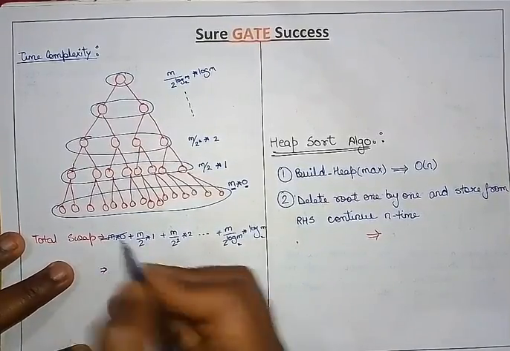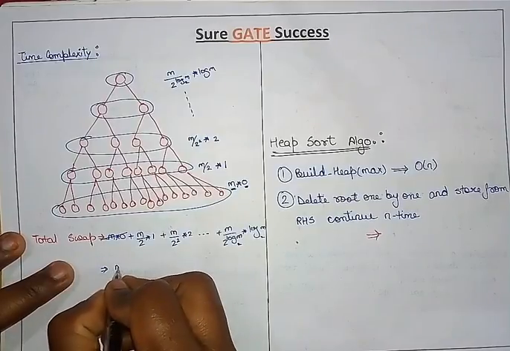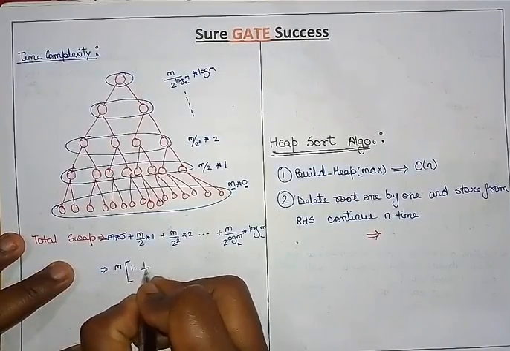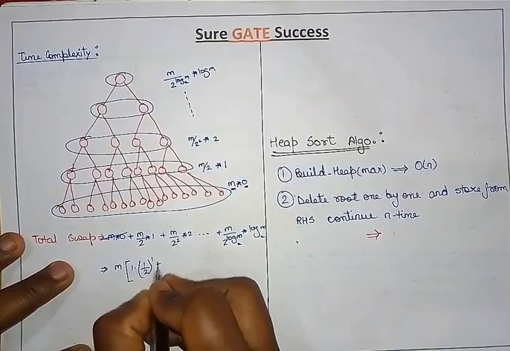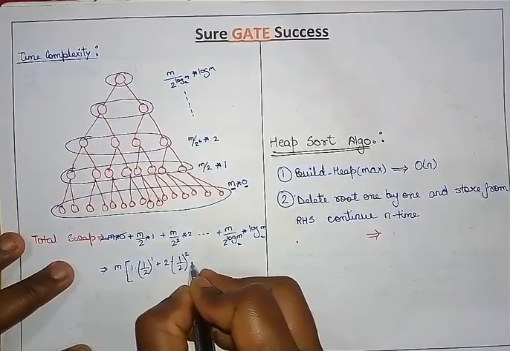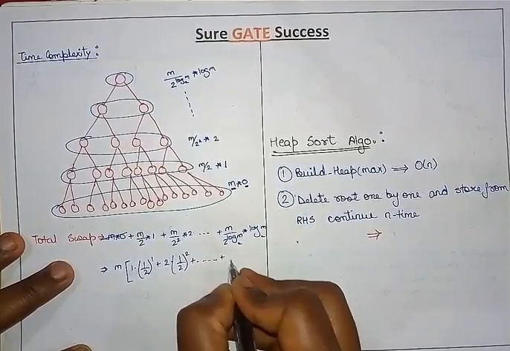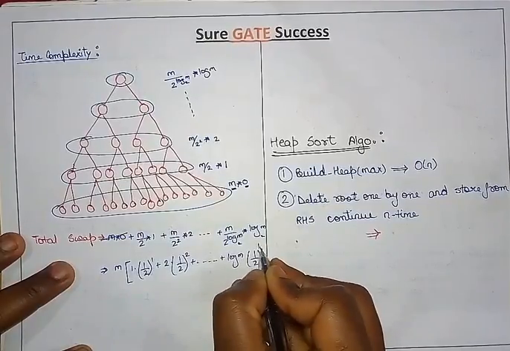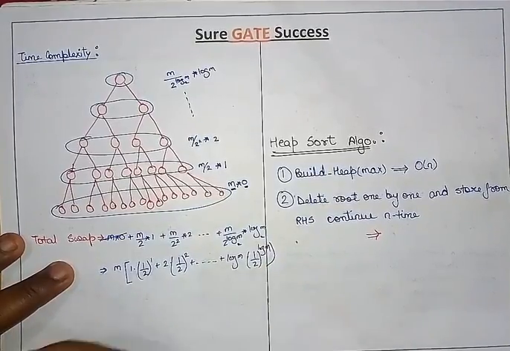If you take m common, we can write it as 1 by 2 to the power 1 plus 2 into 1 by 2 to the power 2 and so on, plus log m into 1 by 2 to the power log m.